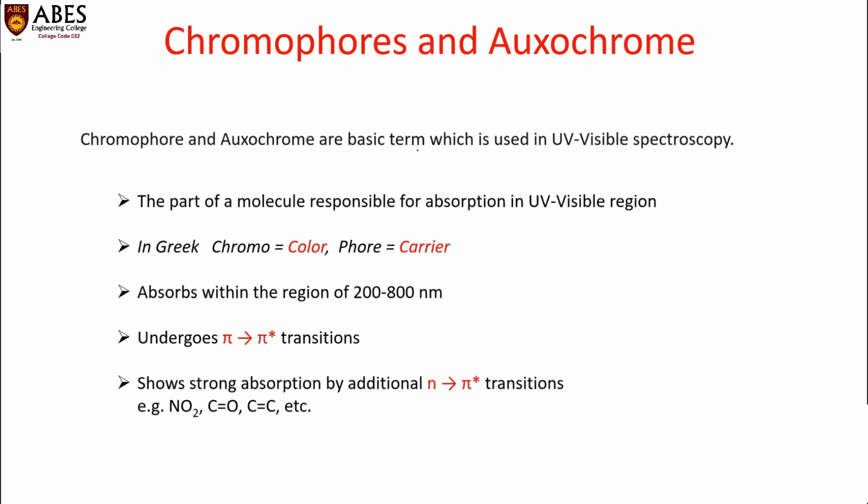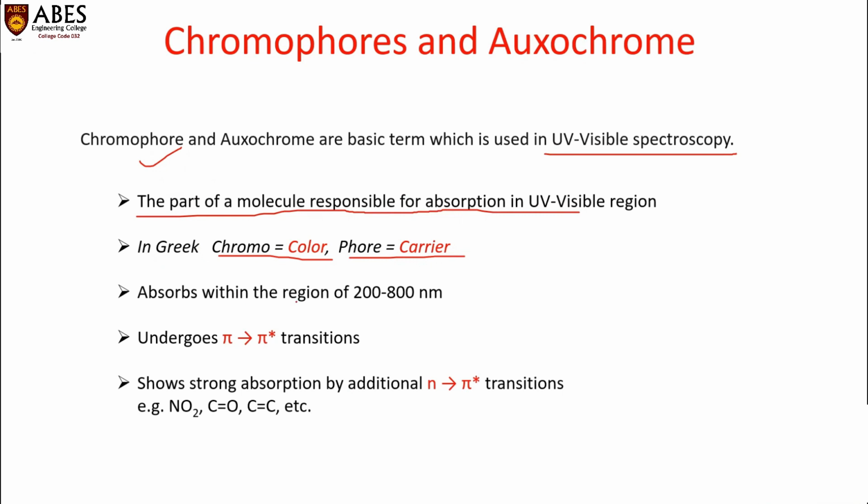Chromophore and auxochrome are basic terms used in UV visible spectroscopy. We know that organic molecules absorb UV radiation. The part of the molecule which is responsible for the absorption of UV radiation is known as chromophore. It is a Greek word: chromo means color, phore means carrier. That means the chromophores are also responsible for the color of the molecules.